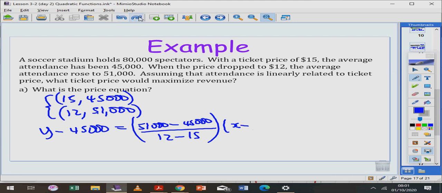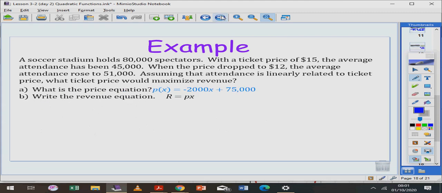Right, the revenue equation. We know that revenue, the amount of money you make, is equal to the number of items you sell times the cost per item. So the revenue is simply going to be price per seat times number of seats. If I know that that's the revenue, already I have an expression for the price.